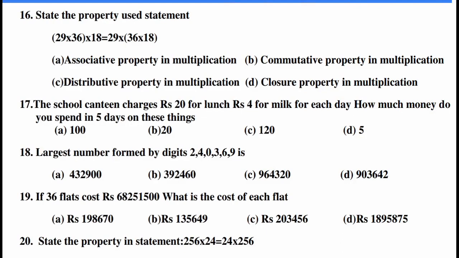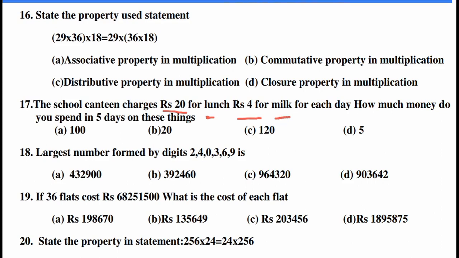Question number 17. The school canteen charges rupees 20 for lunch and rupees 4 for milk for each day. How much money do you spend in 5 days on these things? So first of all, we count the charge for 1 day only. And for that we have to do addition of the charge of lunch and milk.